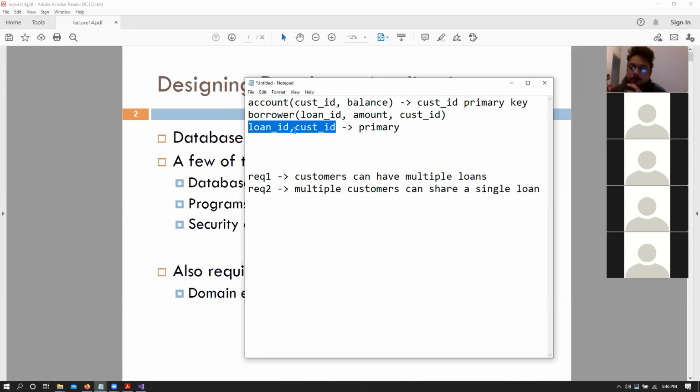Everything that we are going to learn in this lecture is basically things that we already know of, right? We already know of the relational model. That is, we know how to write a schema, we know how to design a schema. We can say that underlining customer ID would make it into a primary key, underlining both loan ID and customer ID would make it into a primary key, and we know all of those things, right?